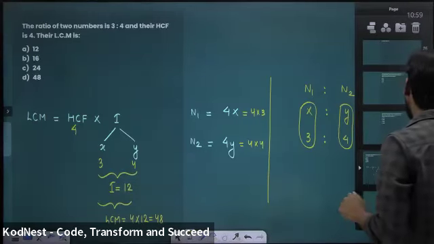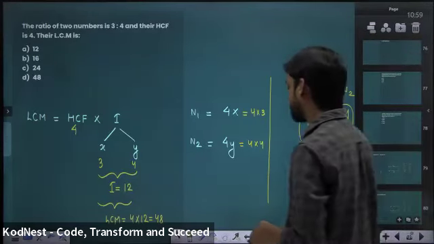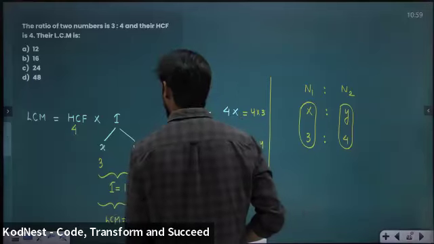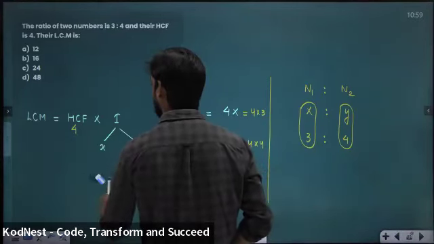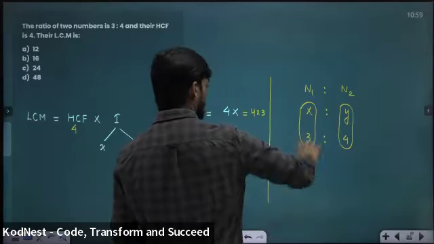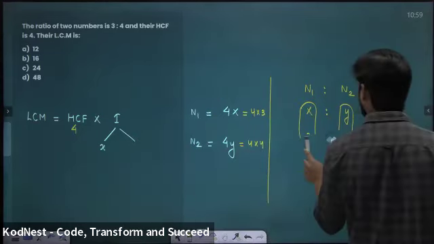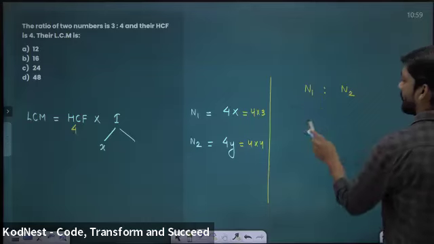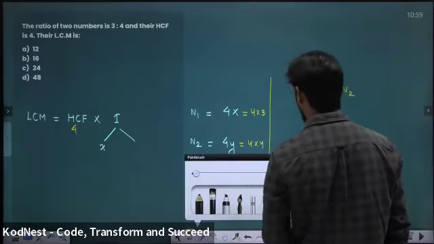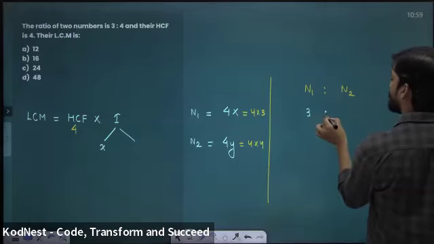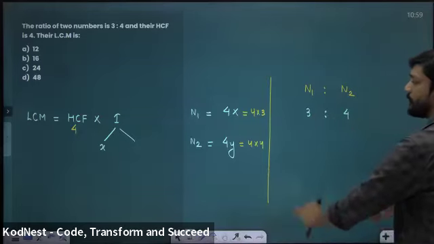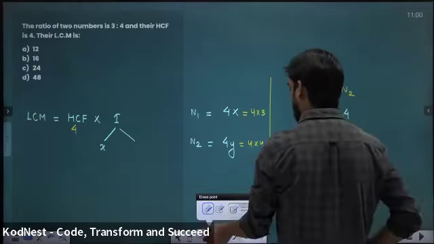If suppose you want to do it some other way, let's see. I'm assuming you don't know this. Okay, numbers ratio is 3 ratio 4. All right.